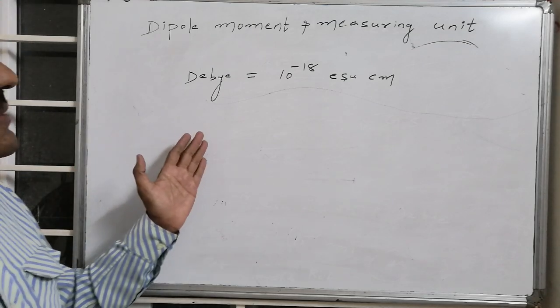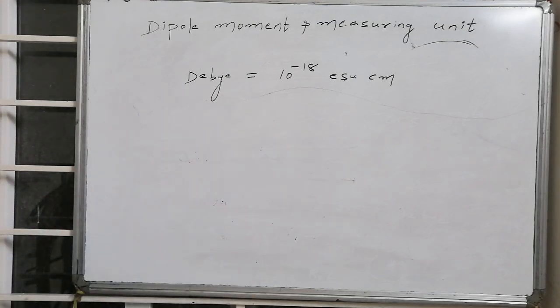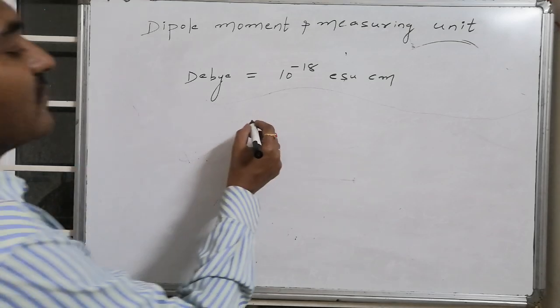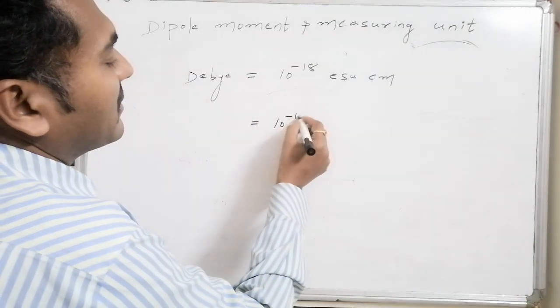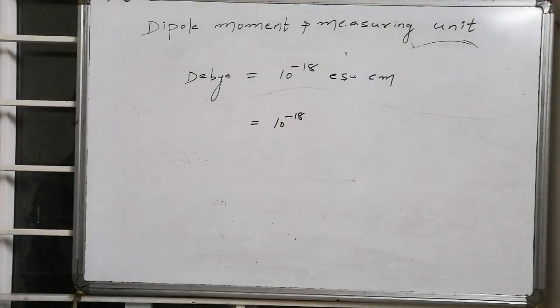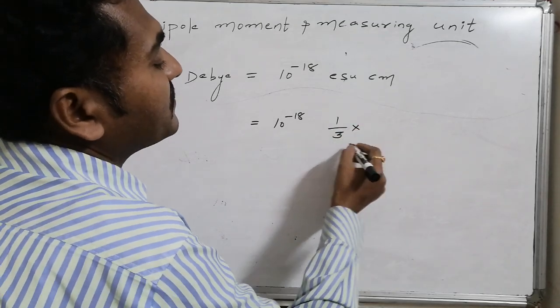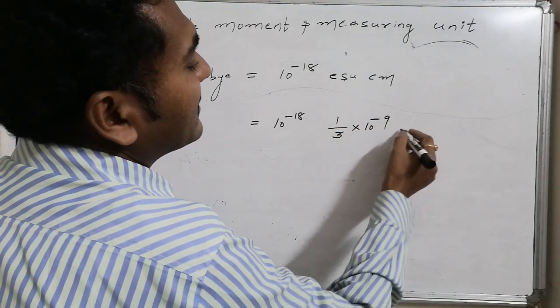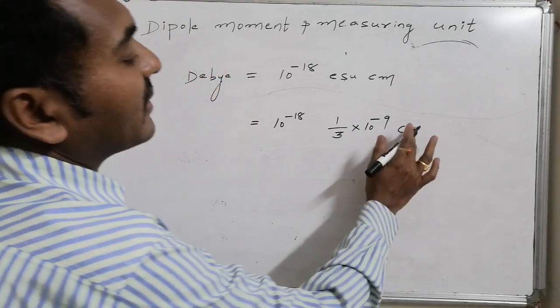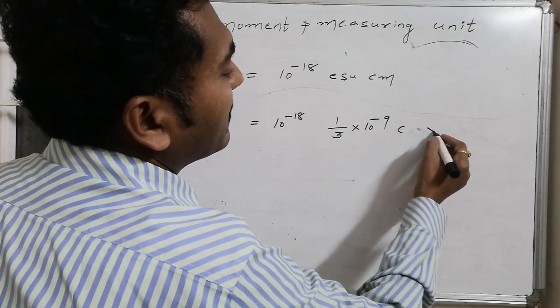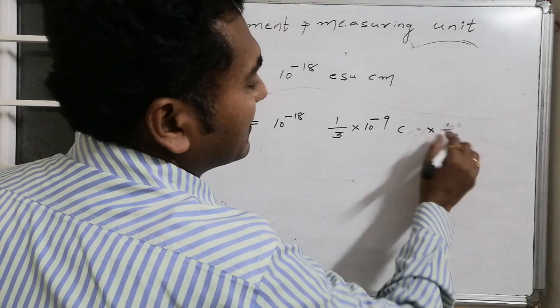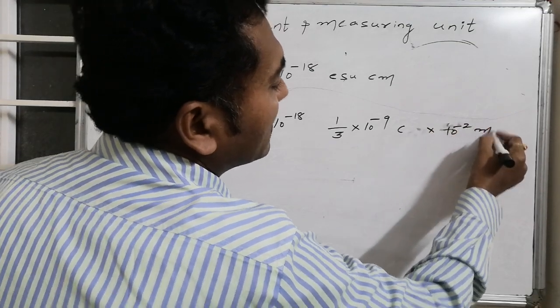If I express this in terms of the SI system of unit, 10 power minus 18 stays as it is, 1 ESU is equal to 1 by 3 into 10 power minus 9 coulombs, and 1 centimeter is 10 power minus 2 meters.